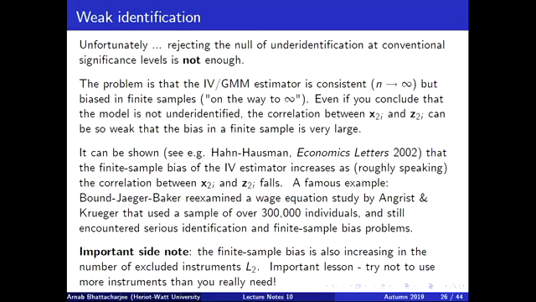So remember that the finite sample bias is also increasing in the number of excluded instruments, right? So one lesson here is do not use too many instruments. What about Arellano-Bond? Well, I leave you to think about it.